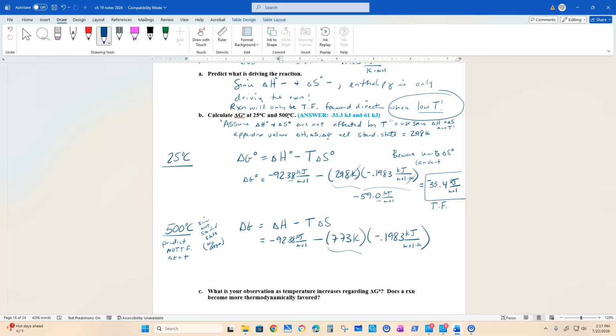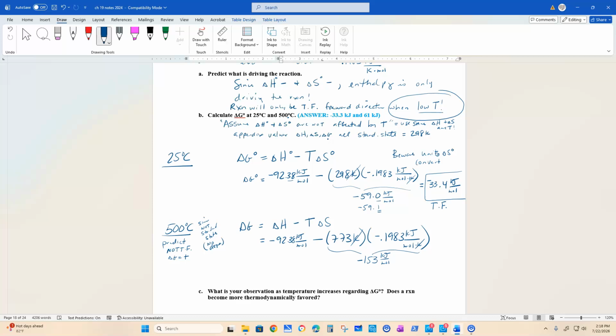So this part right here, I'm still going to get a negative, 3 sig figs, negative 153 kilojoules per mole. If by chance you round that last digit, like this one right here, when it came into the calculator, I think it was like negative 59.08 or something. You can change this to 1, because remember, that last digit you can be off by 1. It's not a big deal.